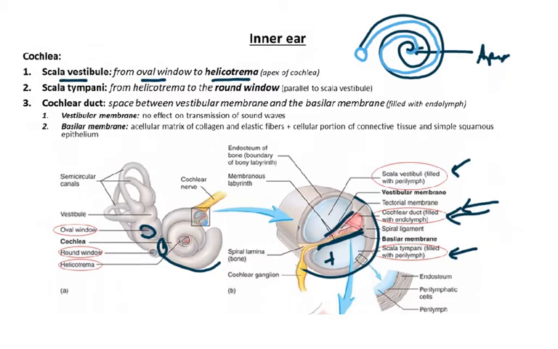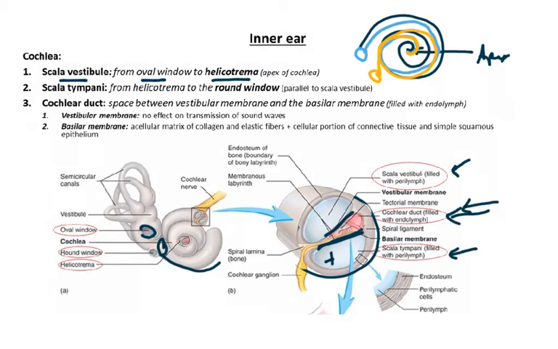I'm going to erase those so you can see them again. We could trace its path as beginning at the helicotrema at the apex, and then going back down, and it ends at what's called the round window. This is the path of vibration as it enters the inner ear.